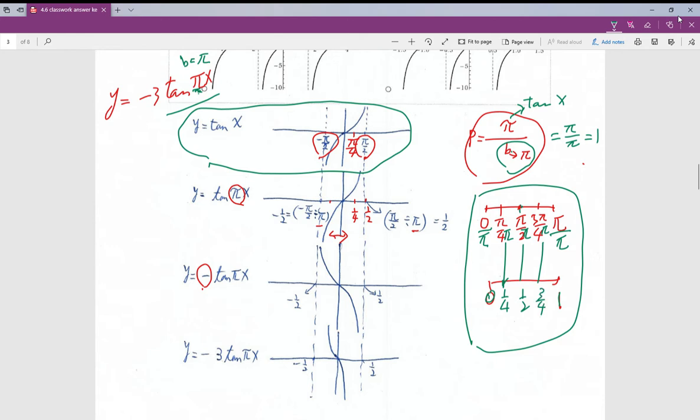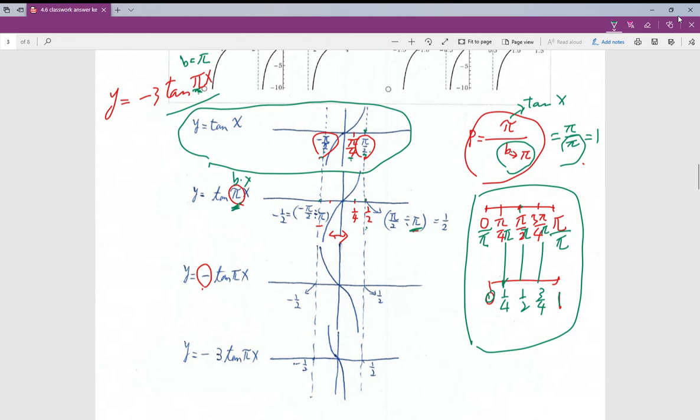So we can make the graph easier to do. Originally you have pi over 2, and if you have b times x, then all the angles here, you divide by pi. When you divide by pi, the x coordinates become 1/2, 1/4, and -1/2. That's the easier way you can graph.